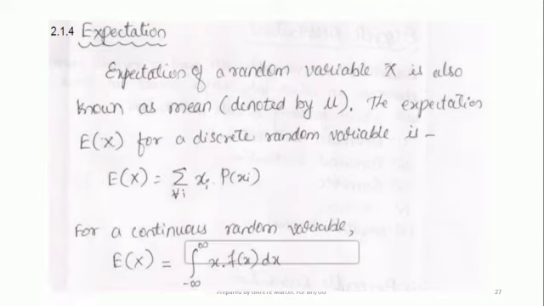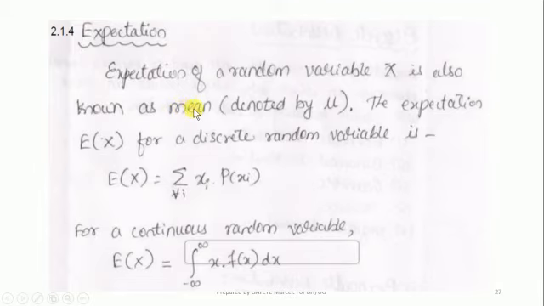Here we are going to see another concept, which is expectation. In mathematics, expectation of a random variable x is like an average, and is also known as a mean. In mathematics, you can say average, mean, and so on.